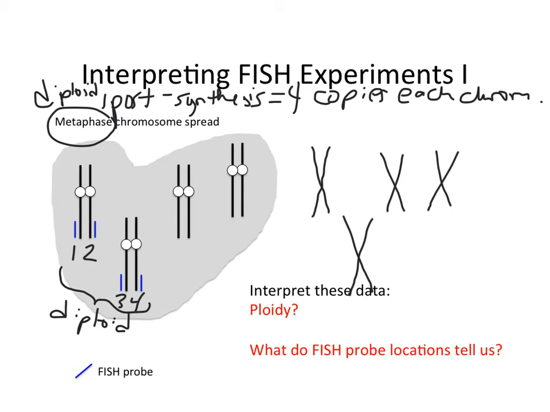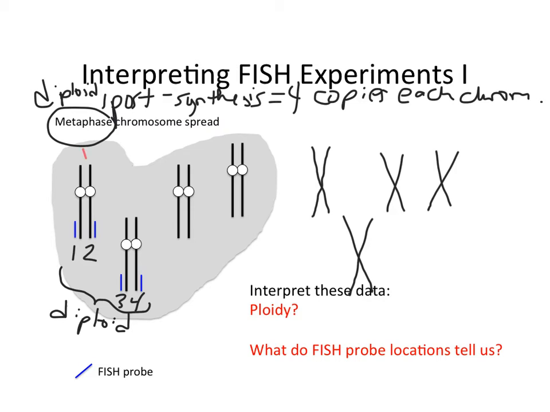And then the same individual back here gave an excellent answer to the second question. What do the locations of these FISH probes tell us about this organism, or its chromosomes at least? Their relationship to each other? So we've got 4 chromosomes. If I didn't have those blue FISH signals on there, how would you know which 2 pairs of chromosomes are supposed to be paired up?